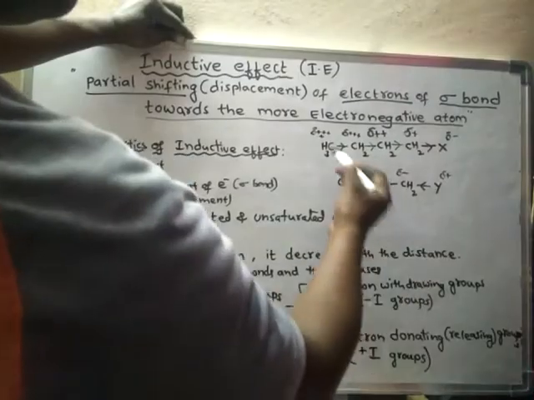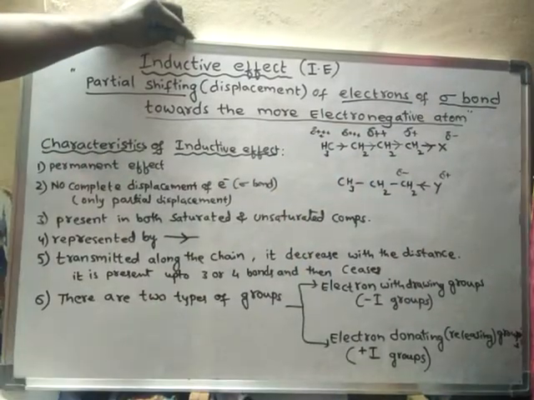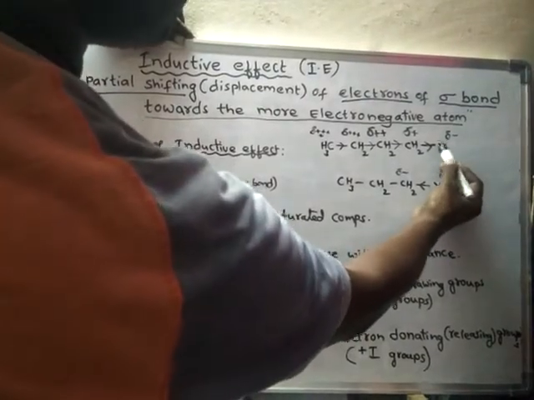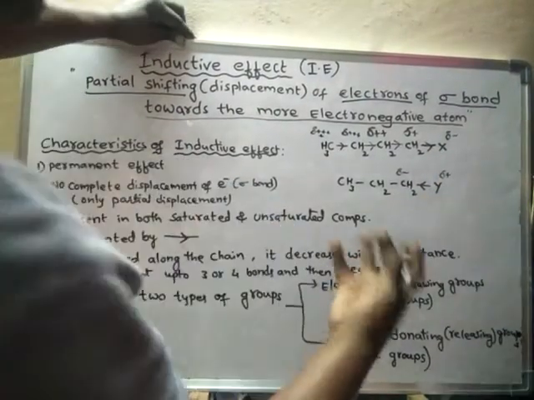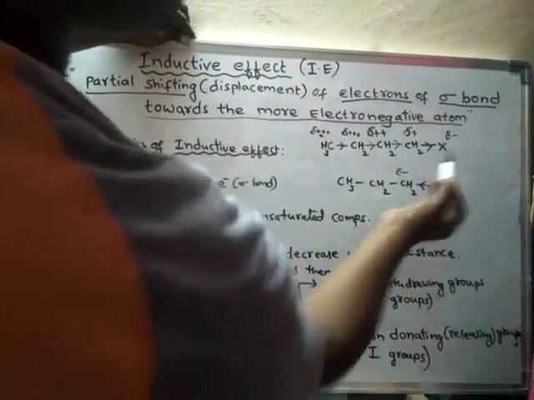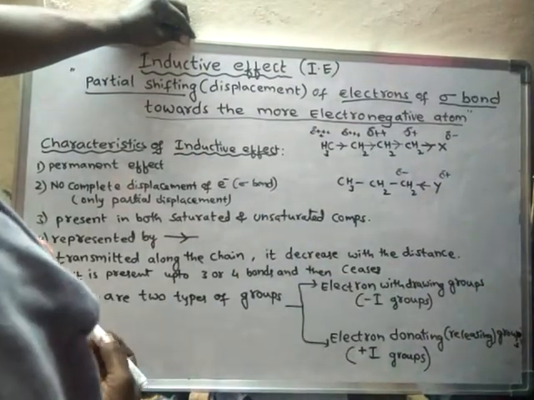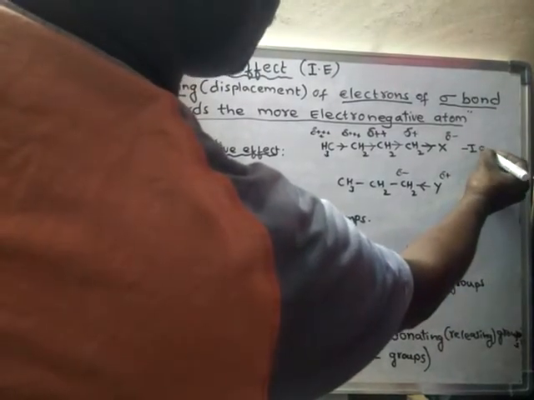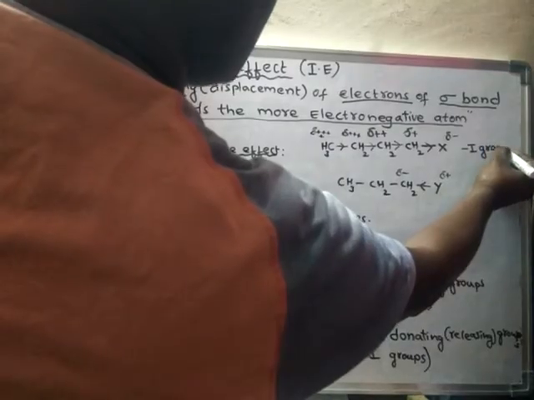Okay, so this is the more electronegative atom, whereas this is the less electronegative atom. So this is one compound, and this is another compound. This group is said to be an electron withdrawing group because it is attracting the sigma electron pair towards itself. Hence, it is called an electron withdrawing group, or else it is also called a minus I group.